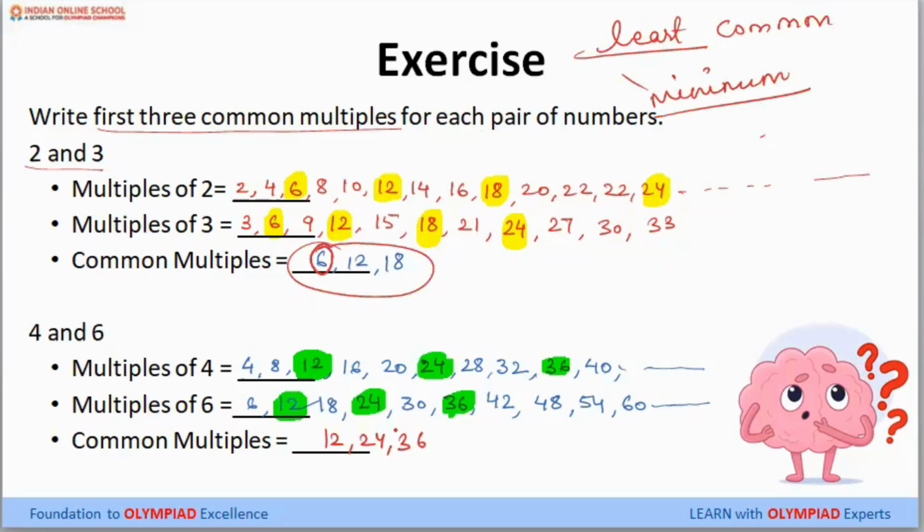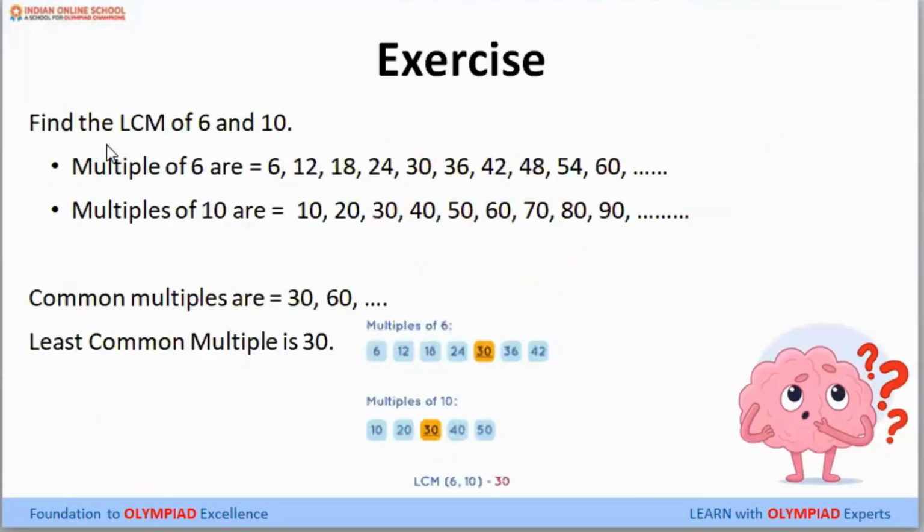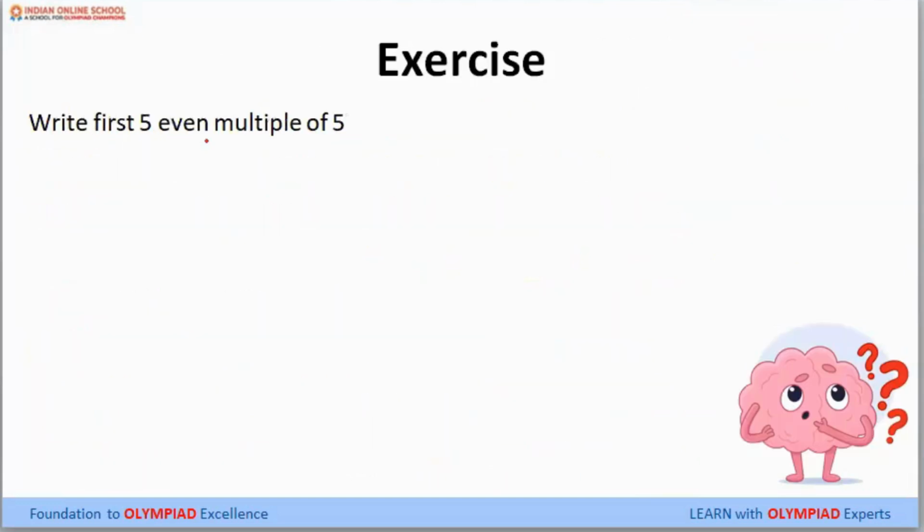The LCM of 2 and 3 would be 6. Out of these, which is the least common multiple? 12. So the LCM of 4 and 6 would be 12. Understood how to figure out the LCM? Yes, ma'am. So now we have already learned how to figure out the LCM.